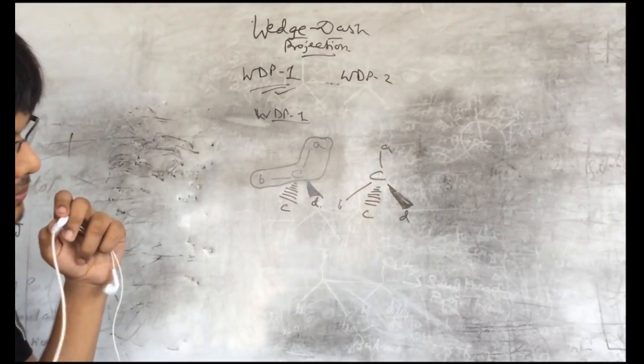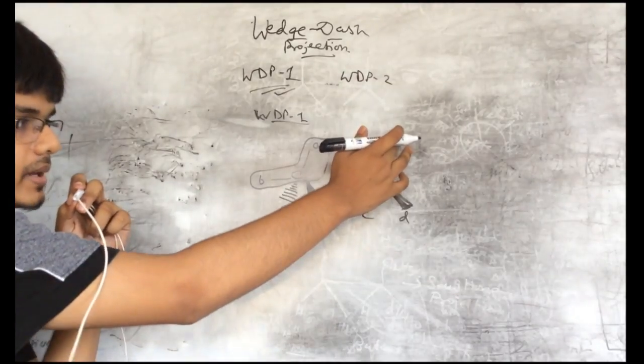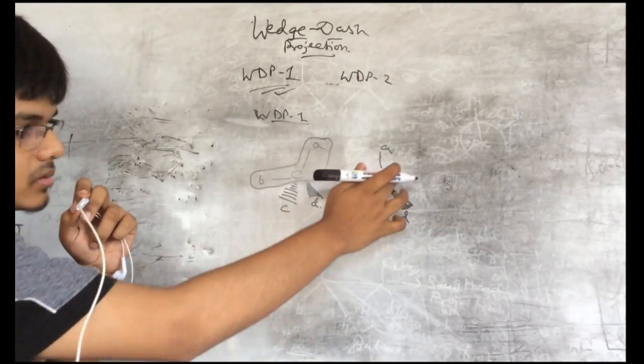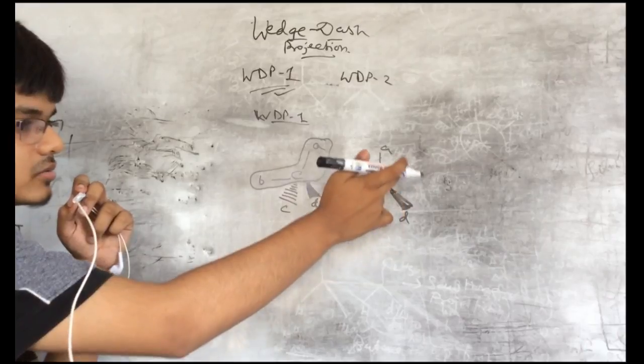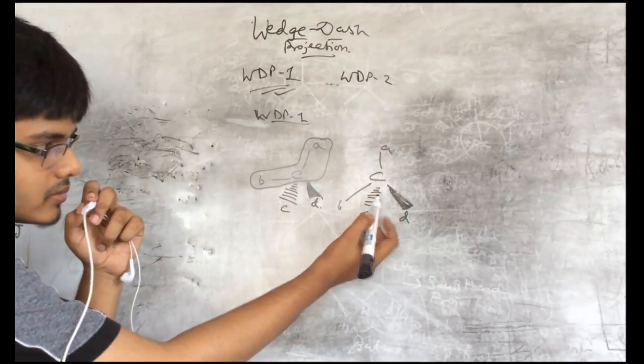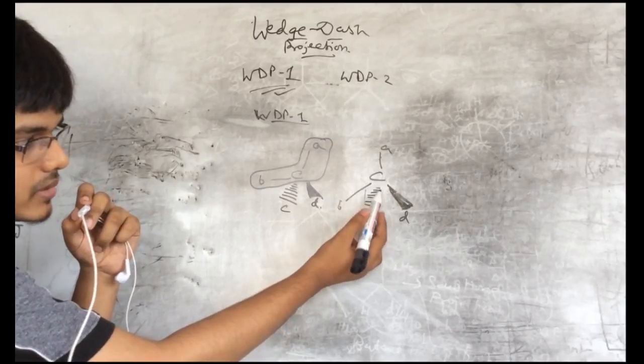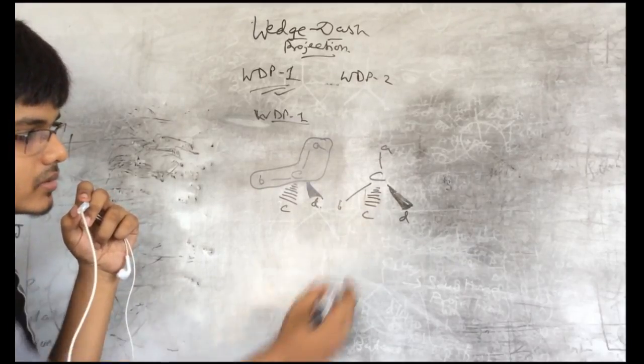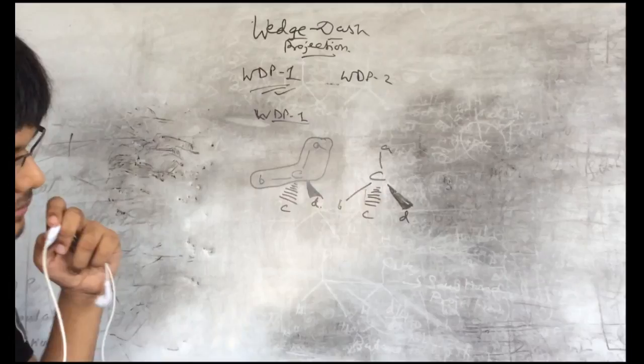You can imagine a plane passing through A, C and B, that is the carbon and its two substituents A and B, and this dash represents that this substituent is present below the plane.